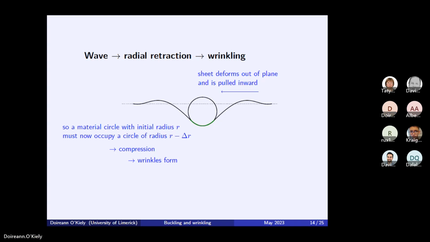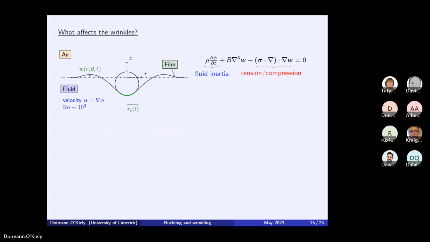And maybe it's not surprising that they appear as a higher order correction, but it also happens naturally if you write down asymptotic expansions, substitute them into your governing equations, and crank the handle. Okay, so then the question is, what affects the wrinkles? Before, I started by talking about an Euler beam, a 1D thing, with a bending stiffness times a fourth derivative, and then a tension or compression times a curvature.